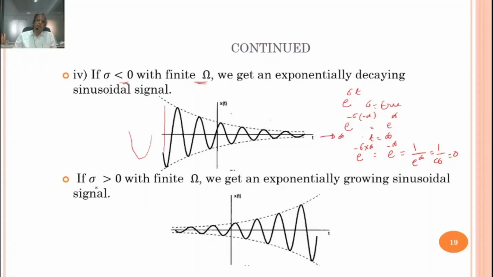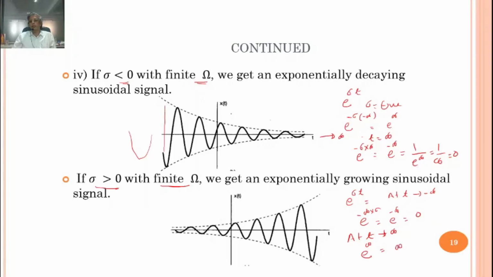Similarly, for sigma greater than 0 and finite omega, using the same concept, e raised to sigma t is now positive. At t equal to minus infinity, this is e raised to minus infinity into positive sigma, that is 0, and at t tends to infinity this value becomes e raised to infinity, because sigma is positive and t is positive, and that is infinity.